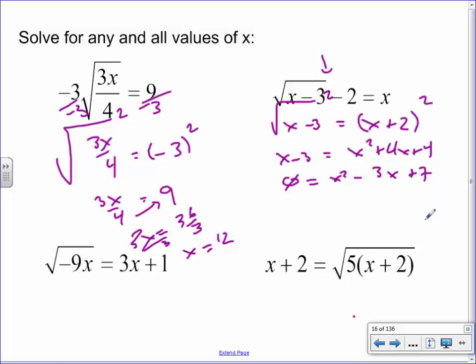I think I've got x squared minus 3x plus 7 if I do my algebra right. What did I miss here? Oh, it should be plus 3x. Is that what you're saying? Yeah, x squared plus 3x plus 7. Okay. I'm not going to keep going on this one because I just made up some random numbers here, but how would you solve this?